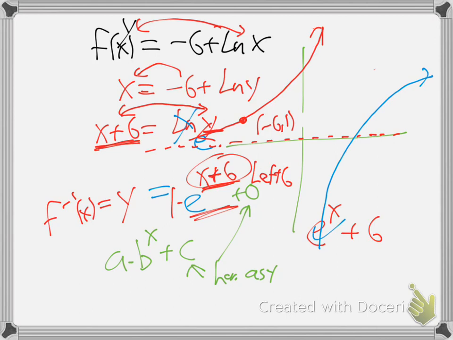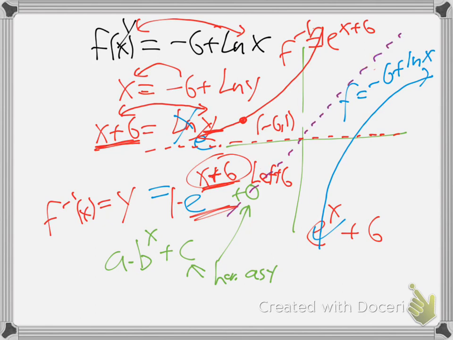That's the original function, negative 6 plus natural log x. And the red one is the inverse function, which is e to the x plus 6 power. And see how they are indeed a reflection right across the diagonal line? Functions and their inverses. And you can answer all the domain and range questions, right?